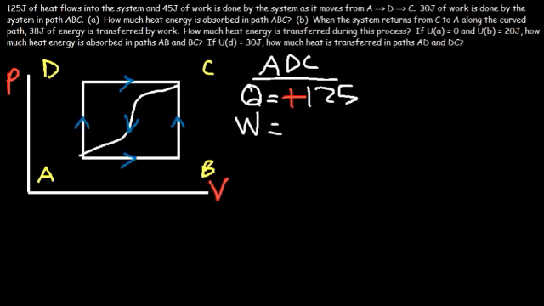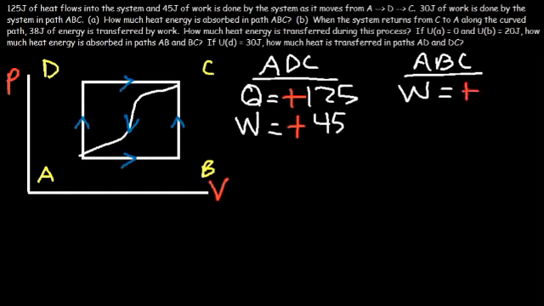Whenever the system does work, the work done is positive. Now in path ABC, the work performed by the gas is 30 joules. How much heat energy is absorbed in path ABC?